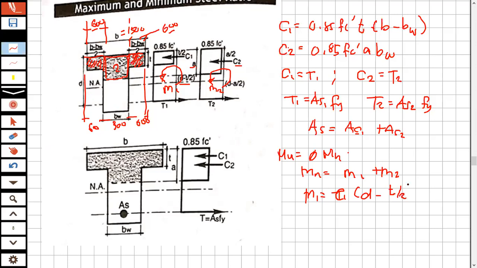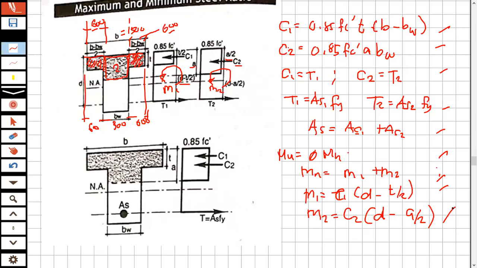T over 2. Okay? And for M2, you have C2 times d minus, this time, a ang hinati. You have a over 2. So once you know this relationship, itong mga relationship na to, madali na ma-analyze yung T-beams.